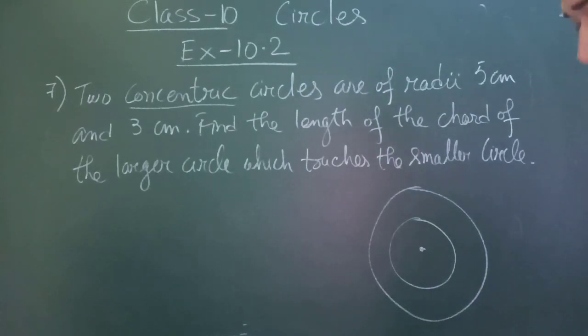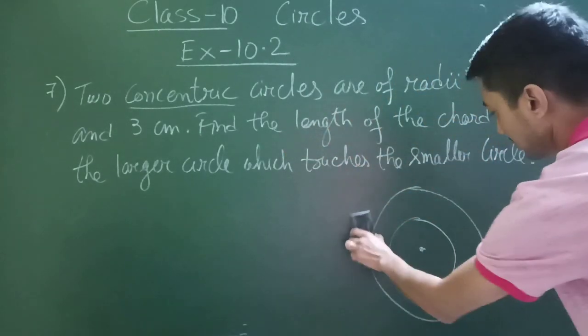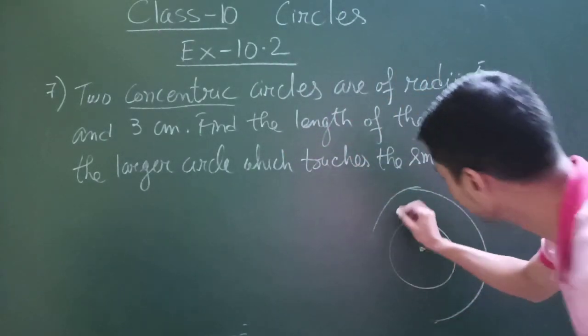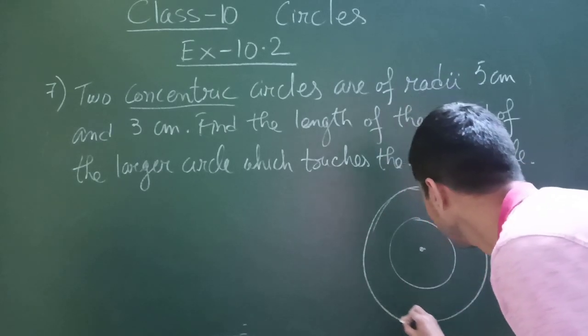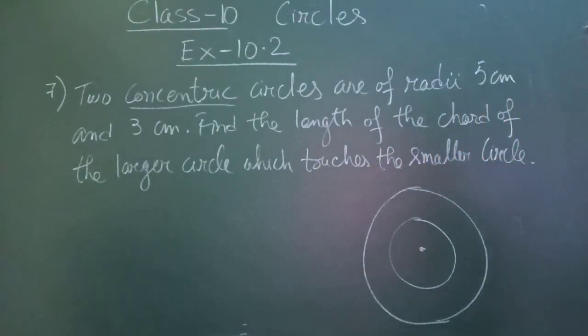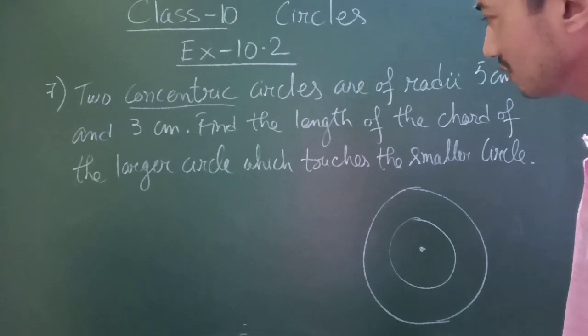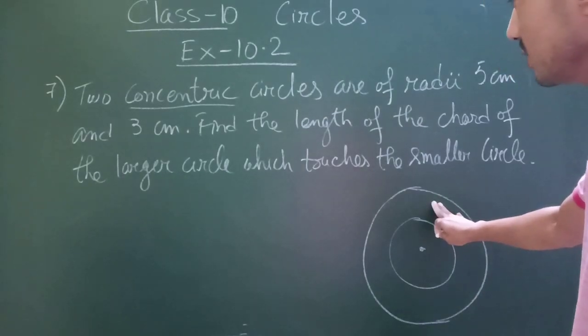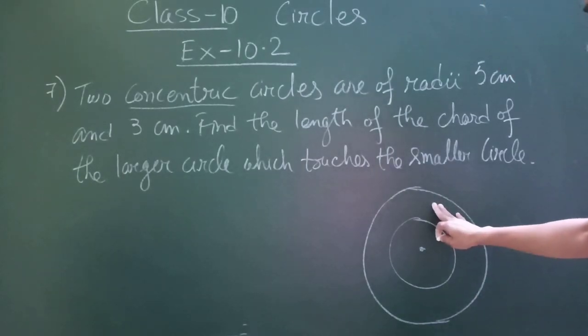That we will discuss later on. I think that looks a little bit better. Slightly better, right? Okay, then find the length of the chord of the larger circle which touches the smaller circle.